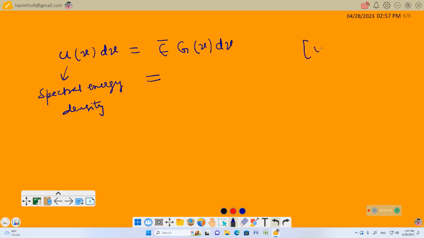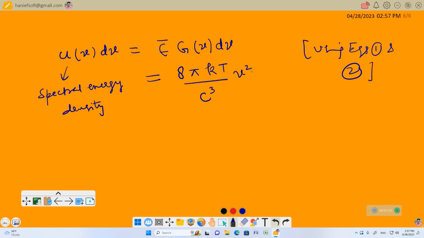So I will write here, using equations first and second, we get this formula: 8 pi kT by c cube nu square d nu. Let me encircle it with some other color.